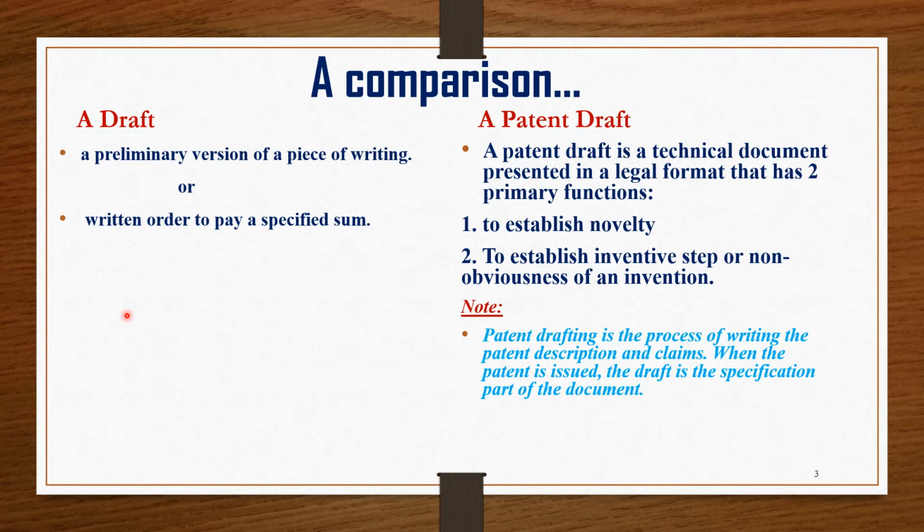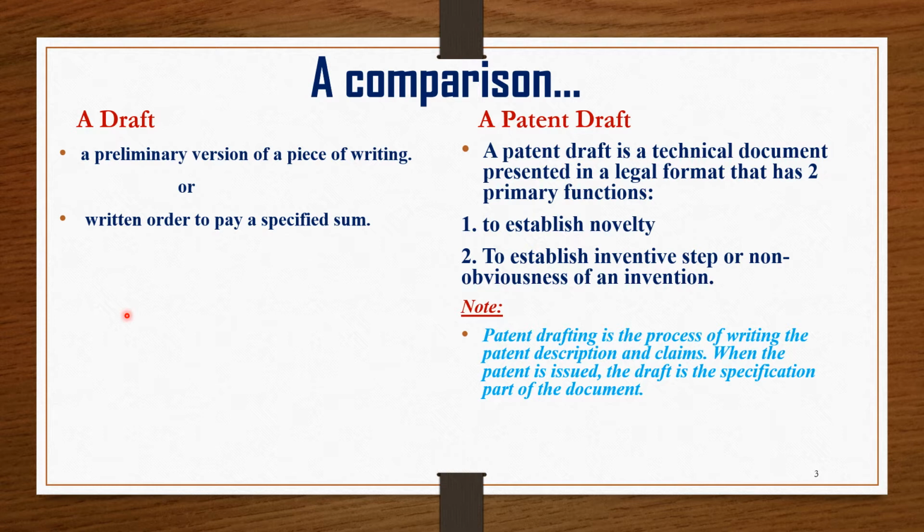Also, we can note that patent drafting is the process of writing the patent description and claims. When the patent is issued, the draft is the specification part of the document.